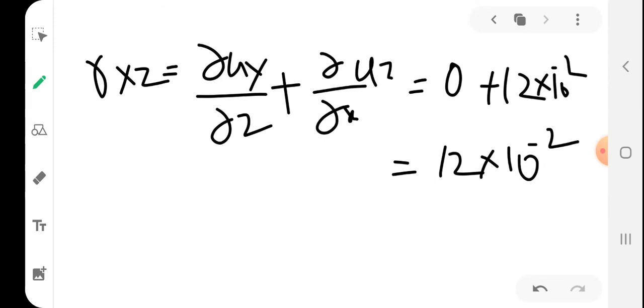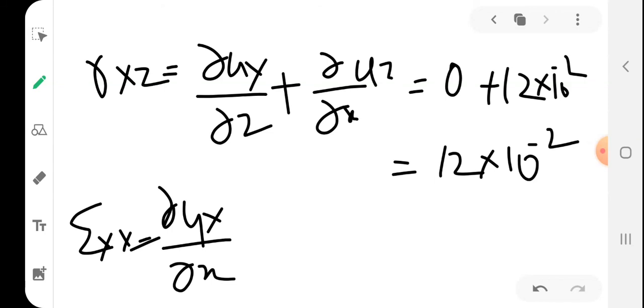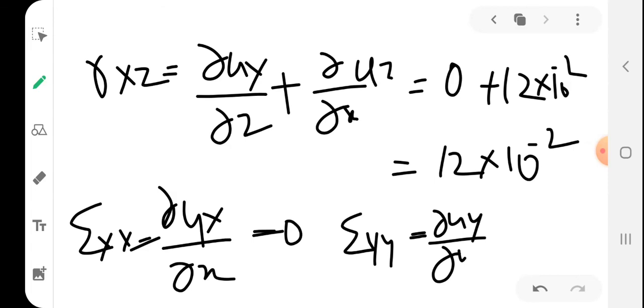Now epsilon xx will be what? ∂ux/∂x itself. So its value is 0. Epsilon yy will be ∂uy/∂y. Its value will be 6 into 10 raised to minus 2, right?